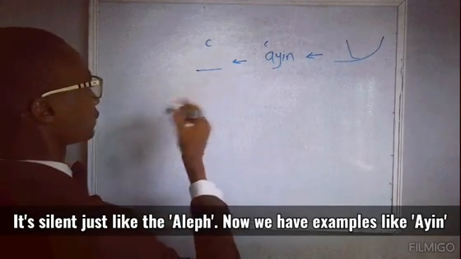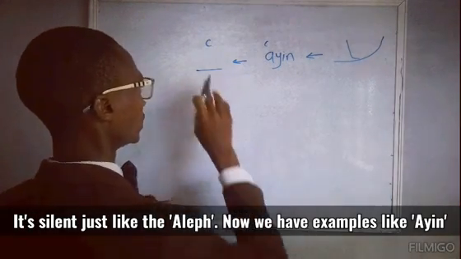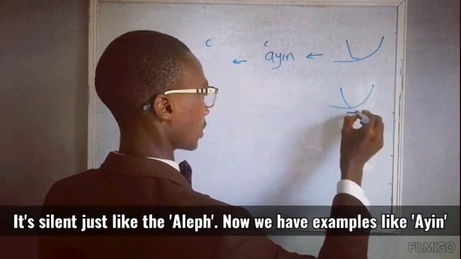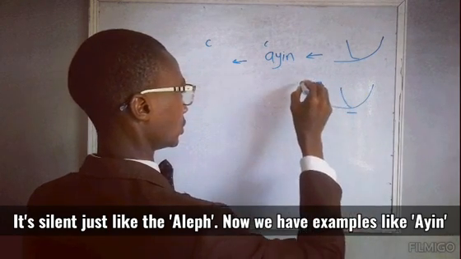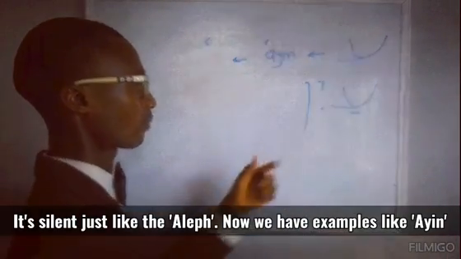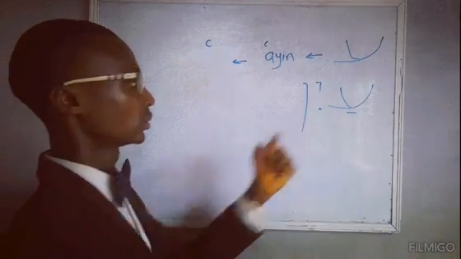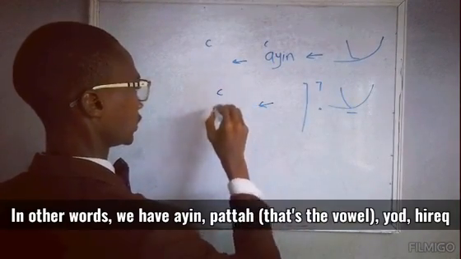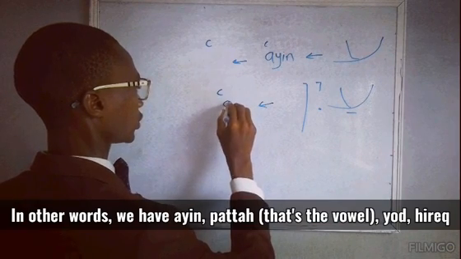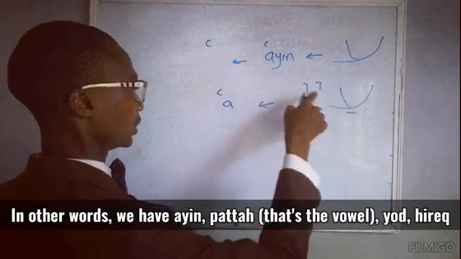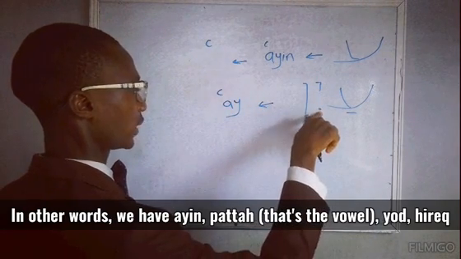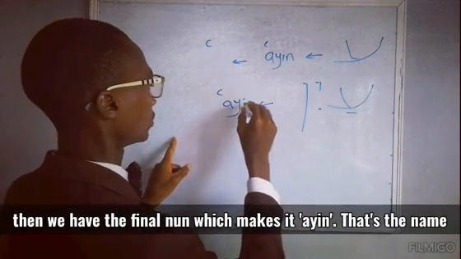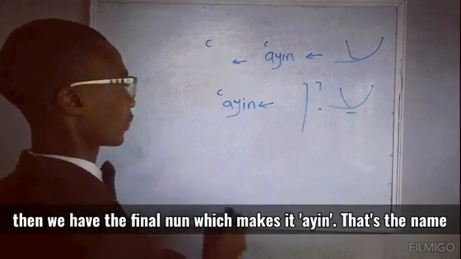Now we have an example like Ayin. In other words, we have Ayin, we have Patach, that's the vowel, we have Yod, we have Hireq, then we have the final Nun, and it makes Ayin.